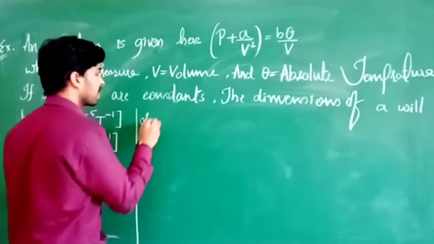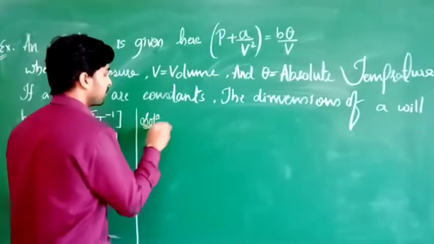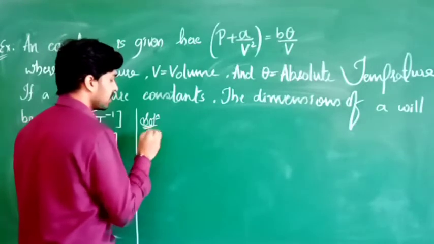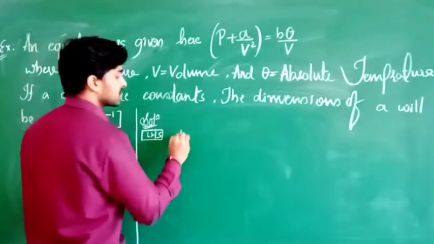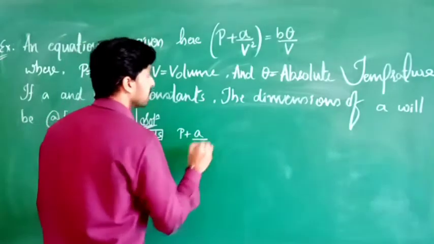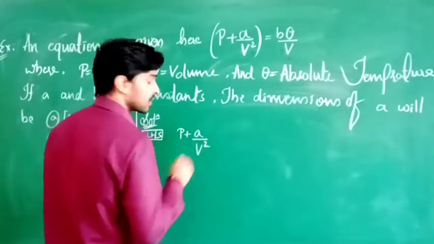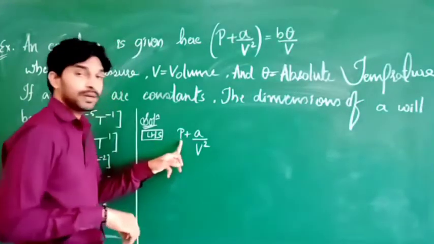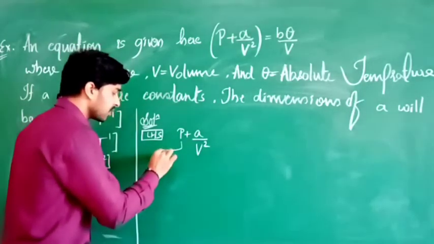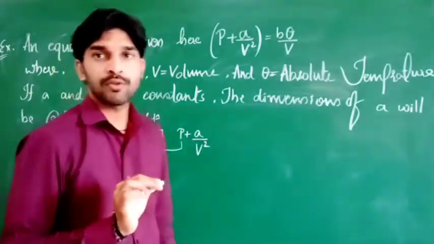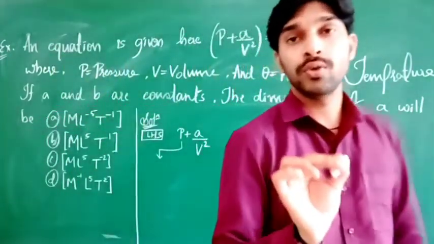So shall we go for this question? How can I solve it? By considering the left hand side. What I have on the left hand side is P plus A by V square. Now P is pressure, so note down the dimensional formula for pressure first. Pressure is force per unit area.